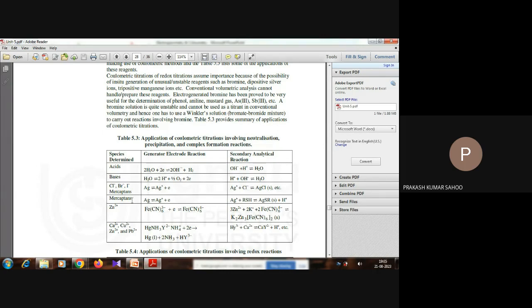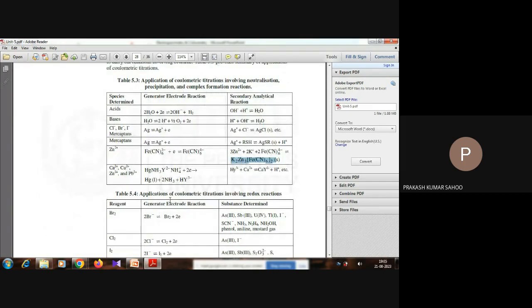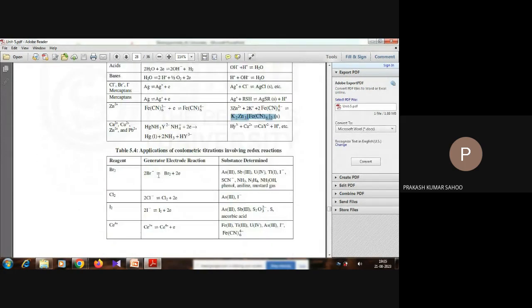Then these are the mercaptans. Then zinc, the generator electrode reaction is formation of iron cyanide. Then this hexacyanoiron gets attached to zinc to form this complex. And this is one complex reaction with your EDTA.